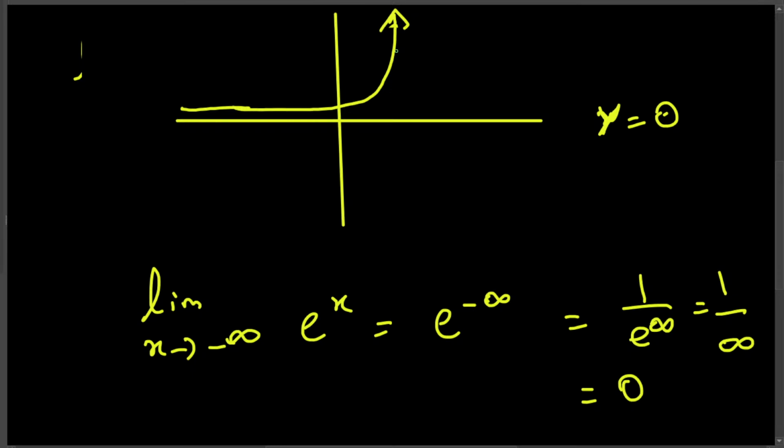No vertical asymptote, because all the x values are going to cross this one. But we have a horizontal asymptote, that's y equals 0. And from this one, you can see that 0 makes sense. As x approaches negative infinity, if it goes this side, then we get 0.